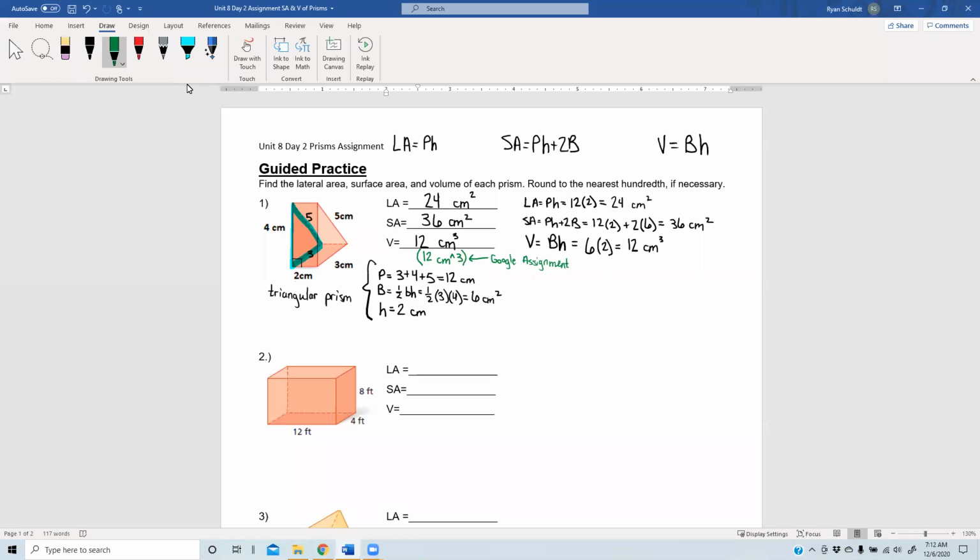That's how you can enter it. Now, if you know how to do the exponents, go for it. But if you don't, then that tells me centimeters to the third power. That's how you type that on the keyboard.